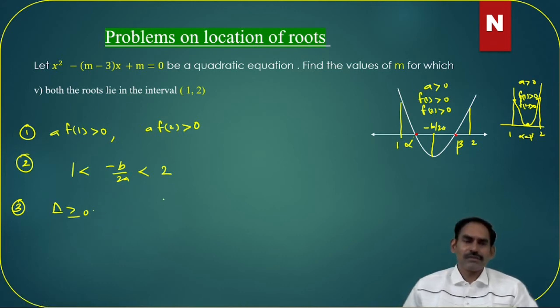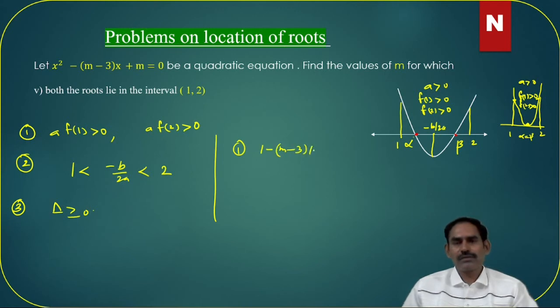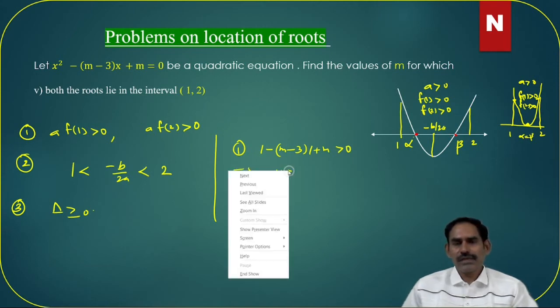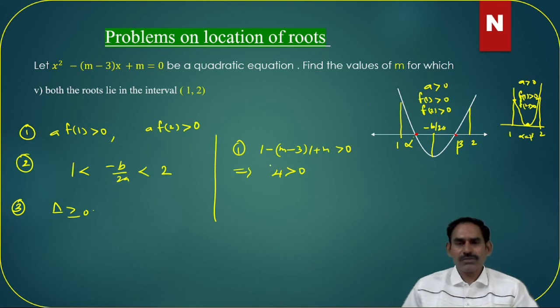So that implies first, m minus 3 into 1 plus m greater than 0. That implies 4 is greater than 0. So clearly 4 is greater than 0, no use of this. Next, a into f of 2 is greater than 0. That implies f of 2 is greater than 0.